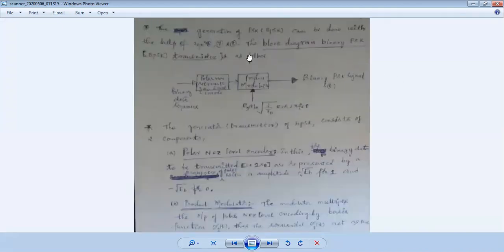The block diagram of the BPSK transmitter is this much. It consists of two blocks. The first block is the polar NRZ level, because when you use PSK, it has to use polar NRZ levels for the binary sequence.